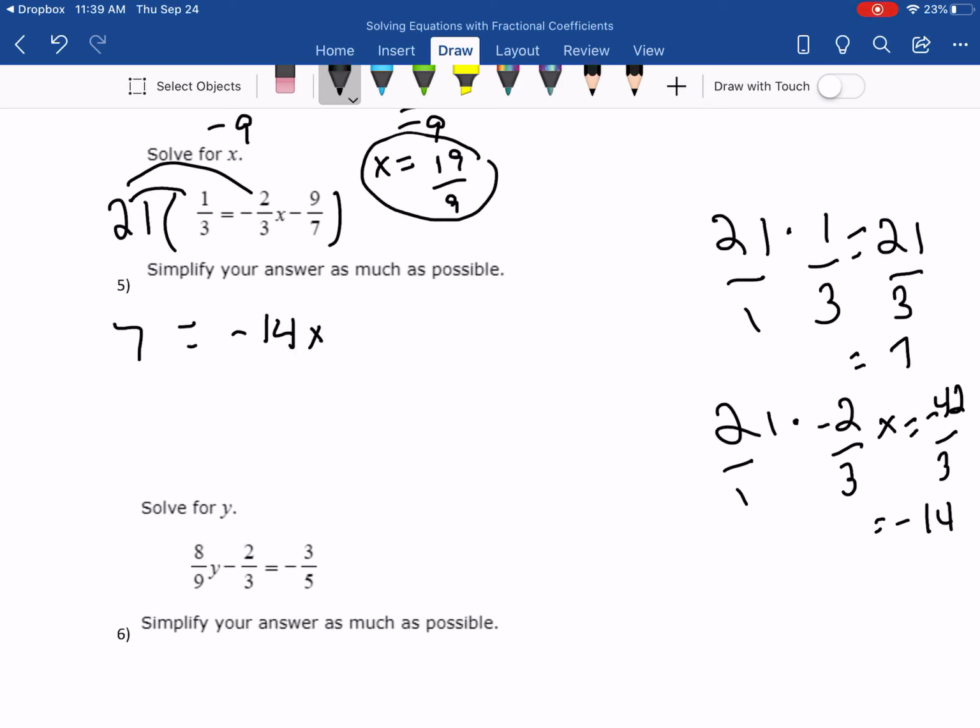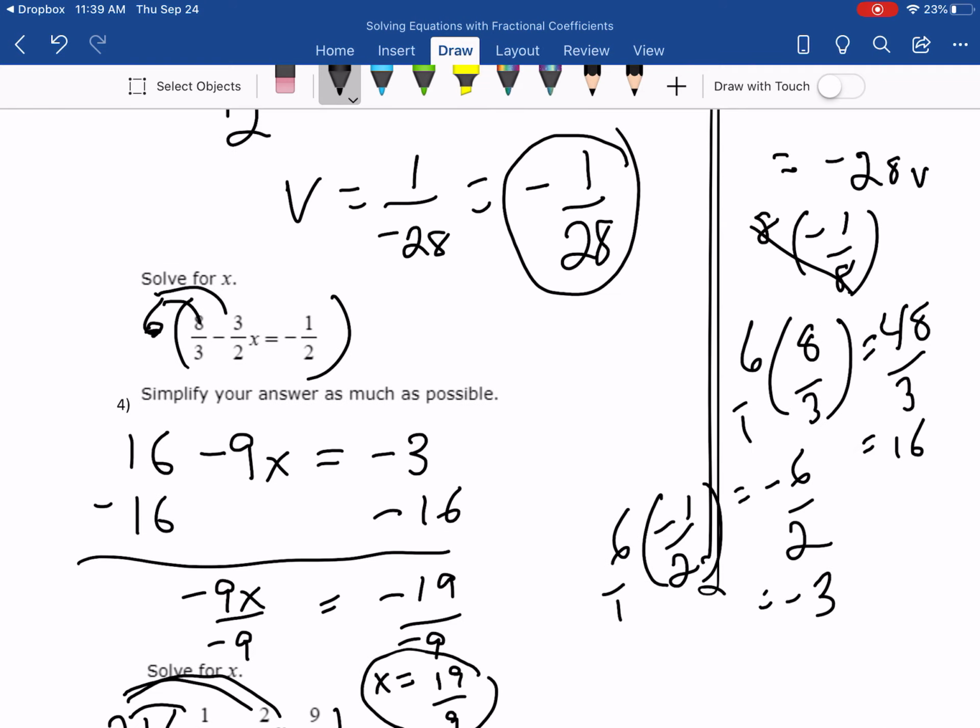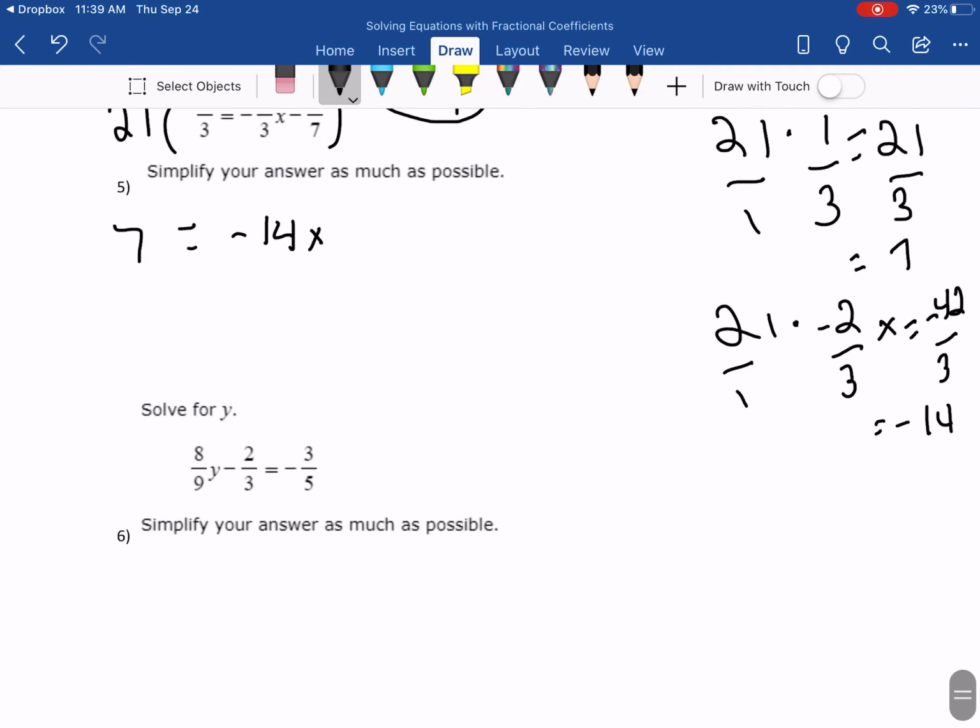And then 21 times negative 9 over 7. Okay, so over 1, 21 times 9 is negative 189 over 7, and 189 divided by 7 is 27.